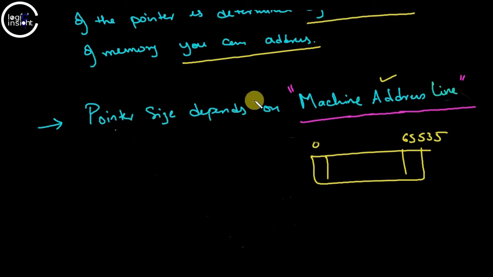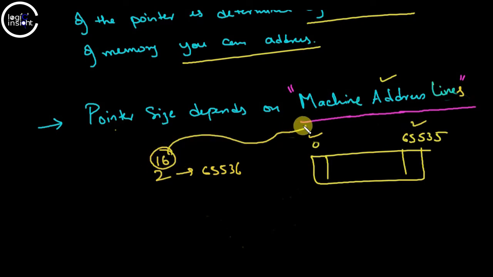Pointer size depends on the machine's address lines. What it means is, for example, if I take 2 power 16, I'll get 65,536, so I can represent locations 0 to 65,535. There are 16 address lines. If I write 16 zeros, I represent this location.